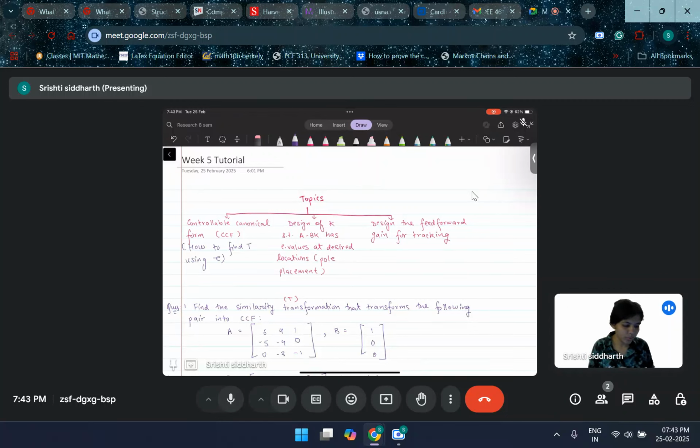And then we found out how to compute the gain matrix K using two methods: the direct method, by comparing the characteristic equations, and the next one, to convert to the CCF form and then compare the characteristic equation coefficients. And then finally, we looked at the design of the feed-forward gain for tracking.